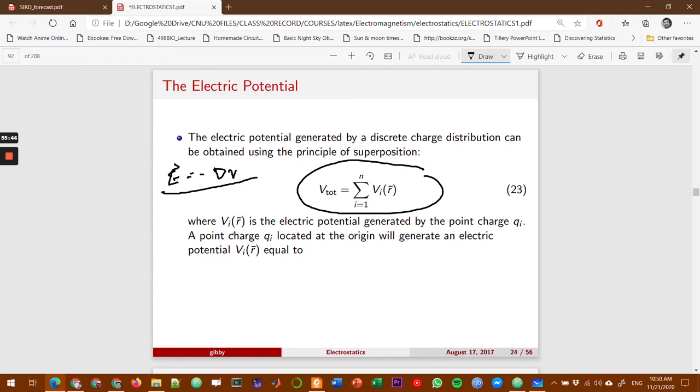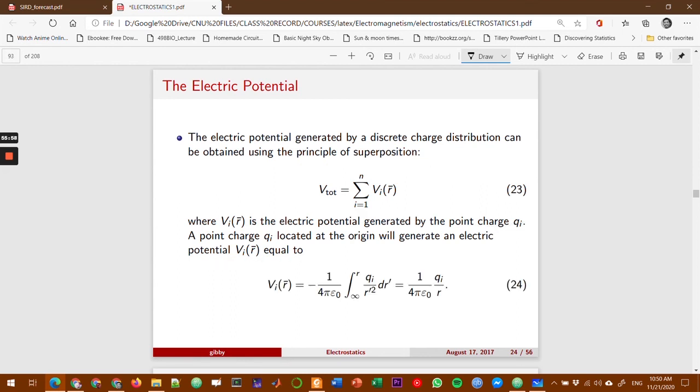So where V sub i is the electric potential generated by the point charge Qi. So a point charge Qi located at the origin will generate an electric potential V sub i equal to this. This is the potential. Okay. Because what is this?